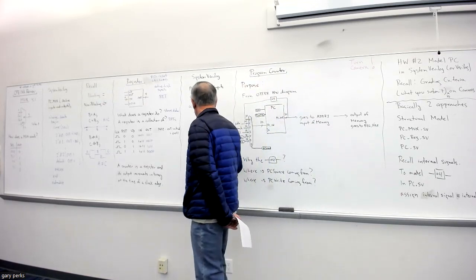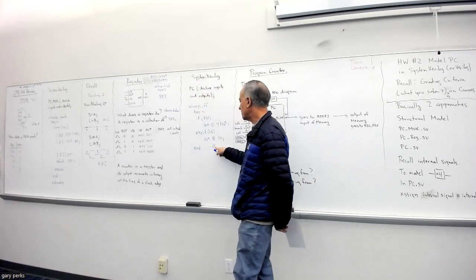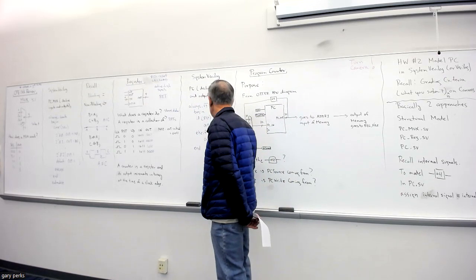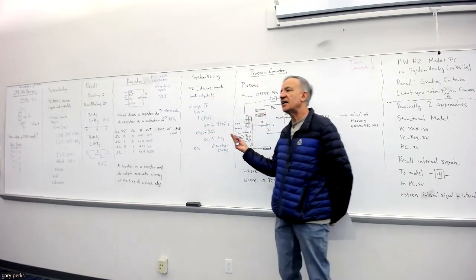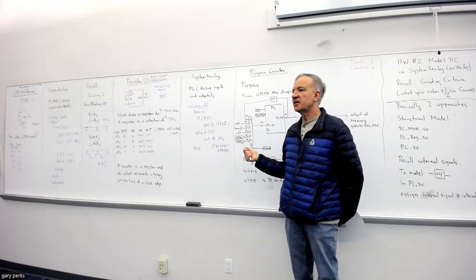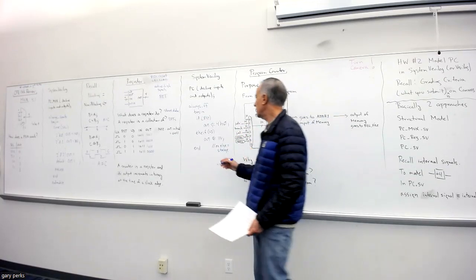So remember, in Verilog or SystemVerilog, double slash is a comment. So no else equals stored. Here we want a latch, but this is the register.